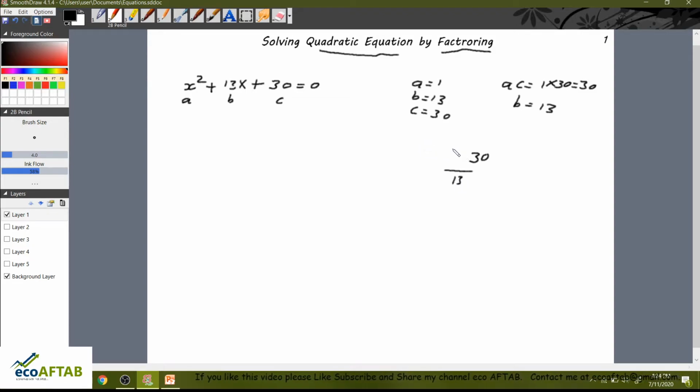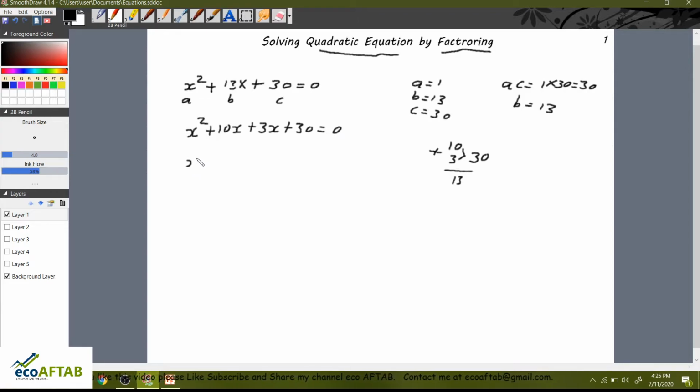So if you look at it here, easily we can say 10 multiplied by 3 is 30, whereas 10 plus 3 is 13. So this I can write as x square plus 10x plus 3x plus 30 is equal to 0.